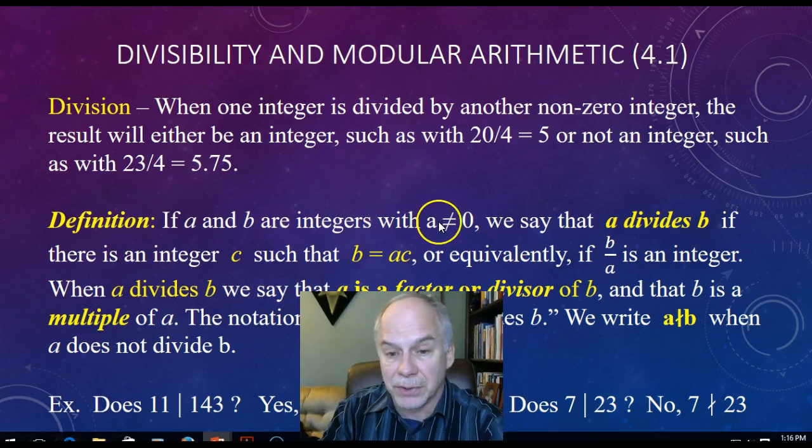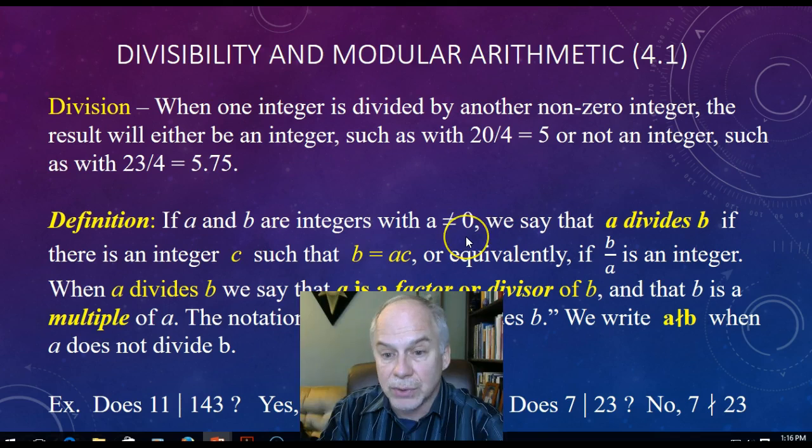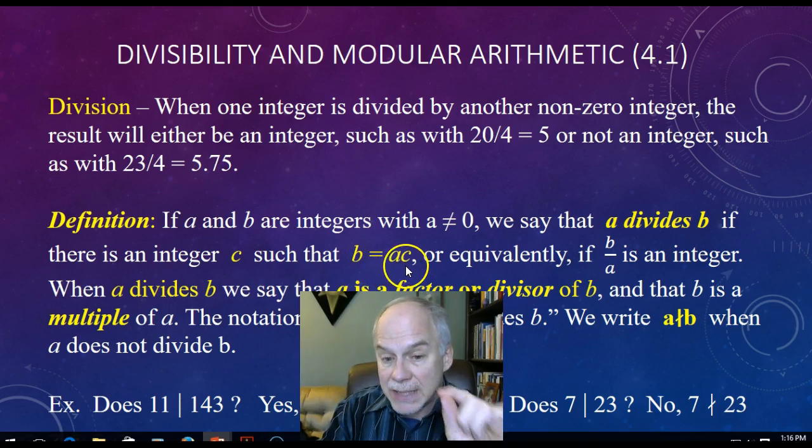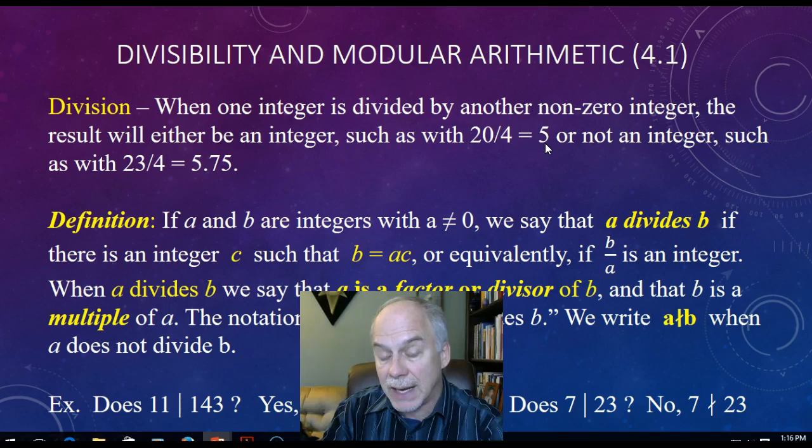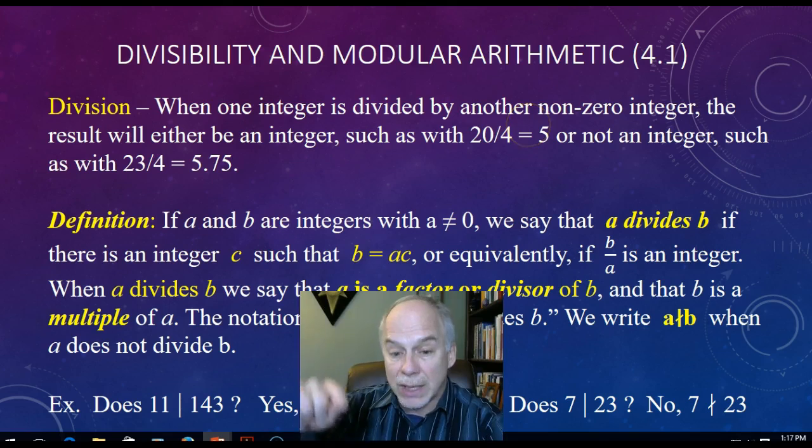Now, here's a definition. If A and B are integers with A not equal to 0, we say that A divides B if there's an integer C such that B equals A times C. Now, in the example we used up above of 20 divided by 4 equals 5, there's an integer, in this case 5, which is like the C here, so that 20 equals 4 times 5.